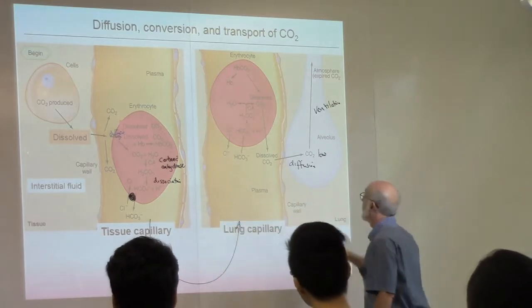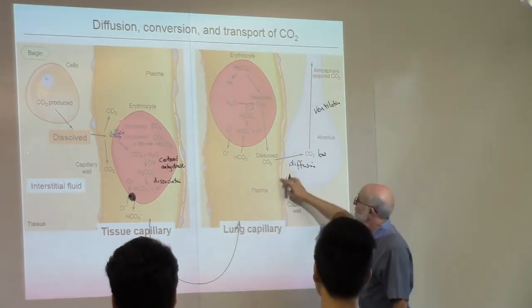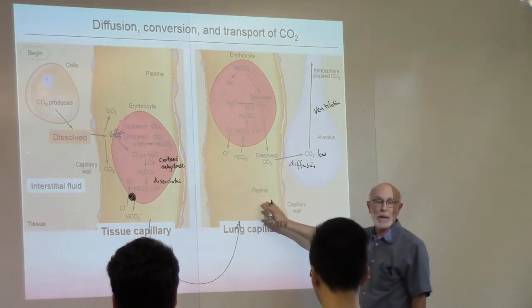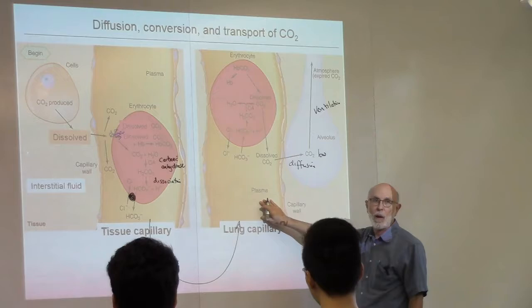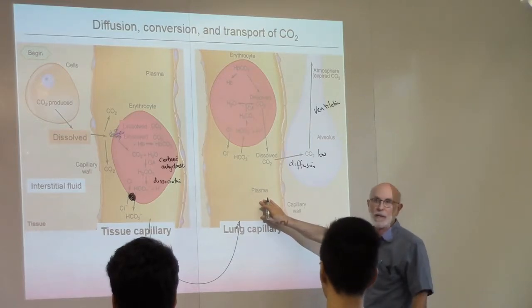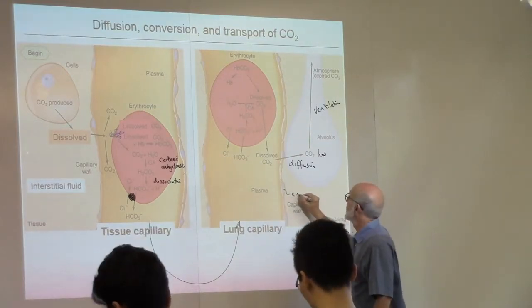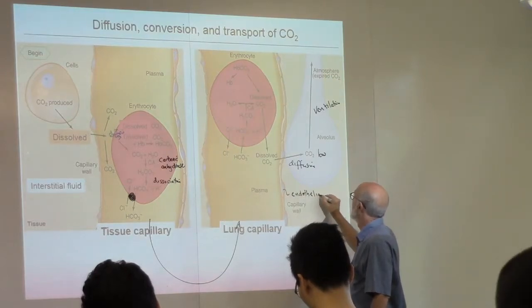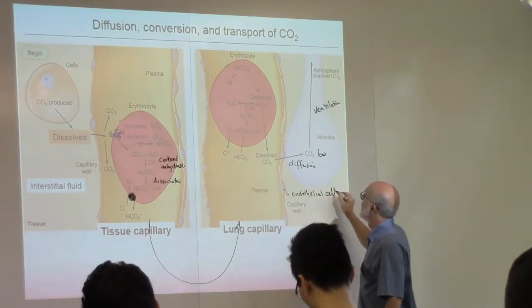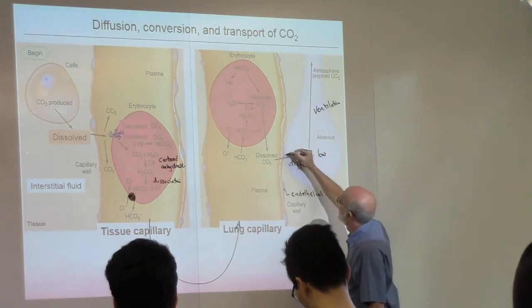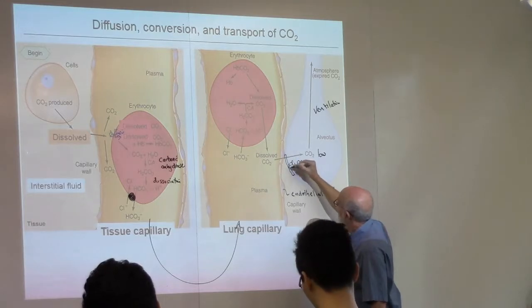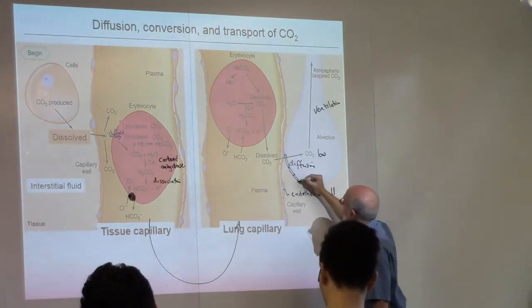Well, what is the name of the cell type that lines this capillary in the blood, in the lung? Endothelial cell. So this is an endothelial cell. What's the name of the cell that is present here that is just not shown in this oversimplified cartoon?